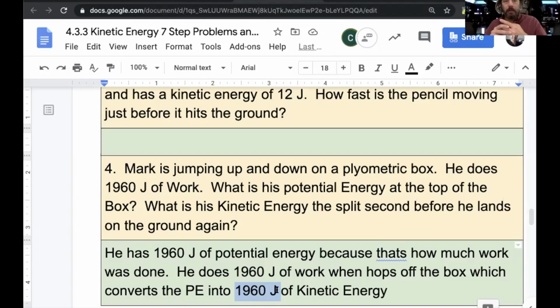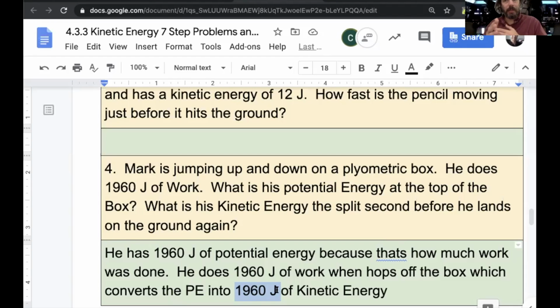Work is a force applied over a distance. Potential energy is based on your height above the ground because of gravity. And kinetic energy is, are you moving? So you've got to keep those separate in your mind of what's actually happening, but the numerical values turn into the other thing. The numbers will stay the same, but what's happening is different.